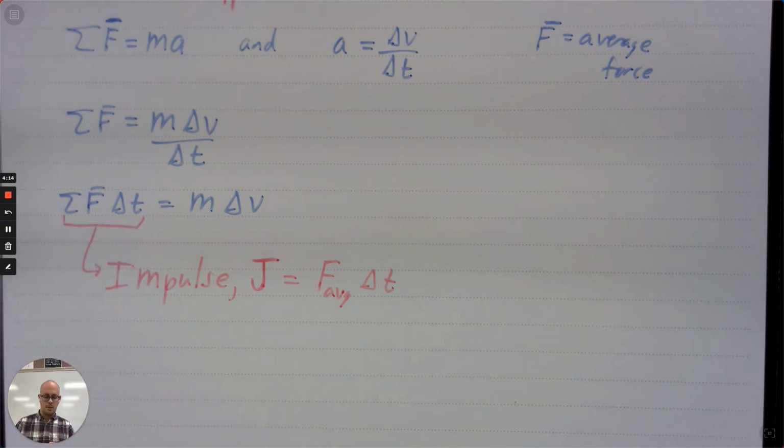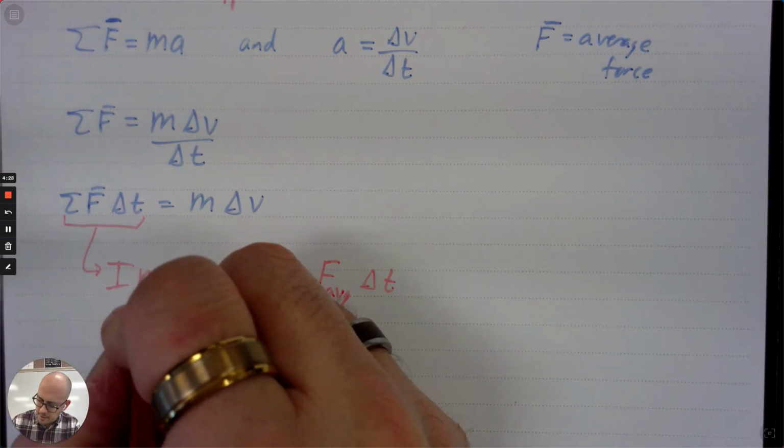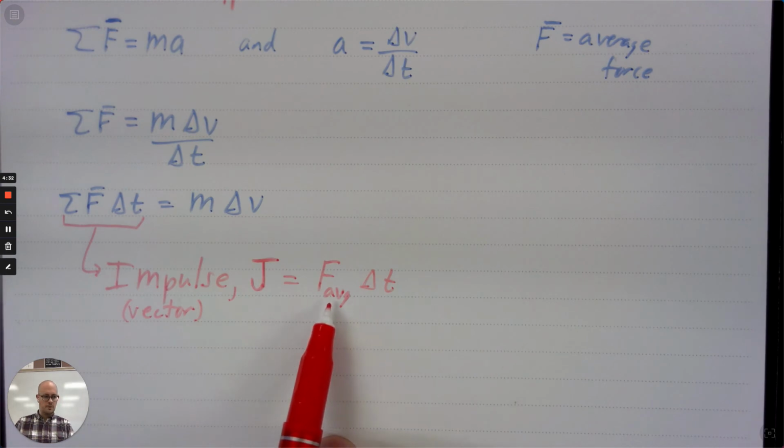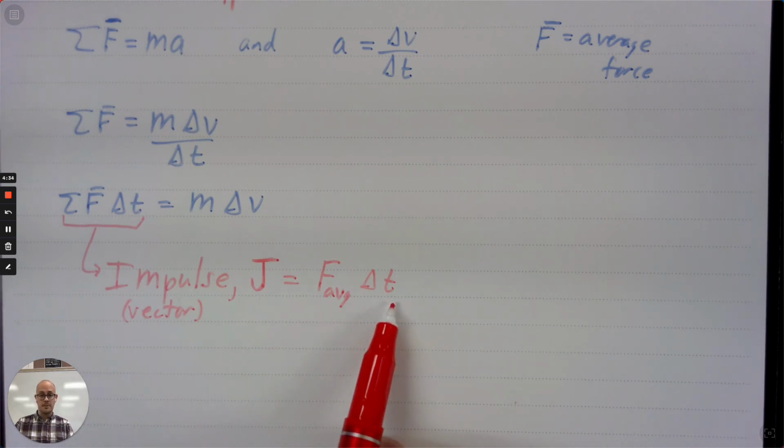You can have an impulse by an individual force or a net force. In AP Physics 1, they're pretty much the same: if there's an impulse, it is due to the net force. Impulse is a vector. Because force is a vector, even if you multiply it by time, it's still a vector.